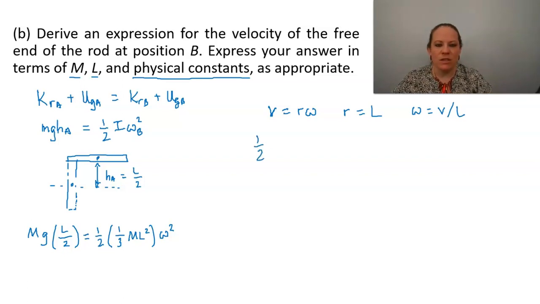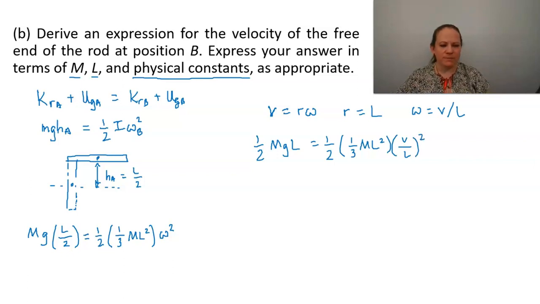So now we can make our substitution, and I'm going to write things just a little bit differently. 1/2 capital M times G times L equals 1/2 times 1/3 capital M times capital L squared times (V divided by L) squared. I wrote it like this because now you can see really easily some things that are going to cancel, right? Those 1/2s are going to go away. We have a mass on both sides of the equation and everything is multiplied on both sides, so we can just divide by mass.